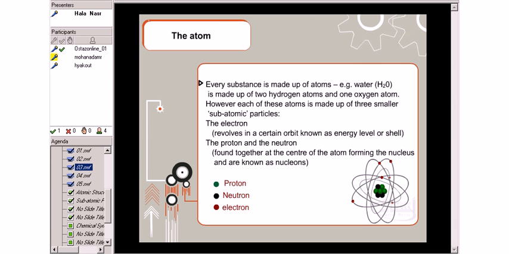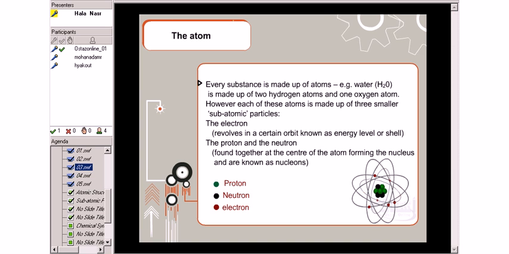I'm asking about the cell in the living organism. Yes, the nucleus. So the nucleus is the main subparticle in the cell.